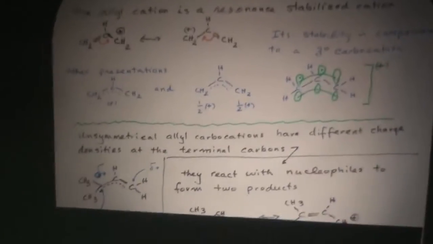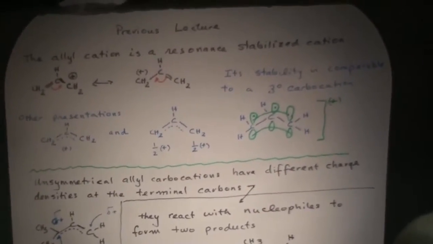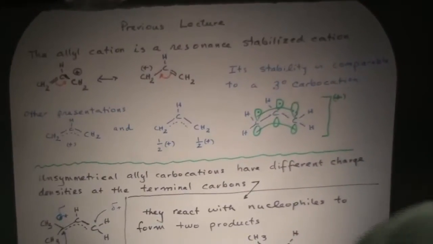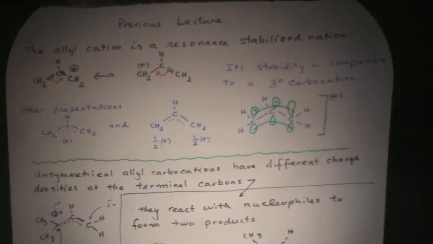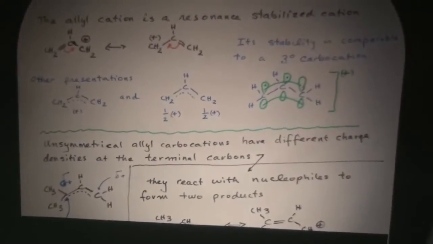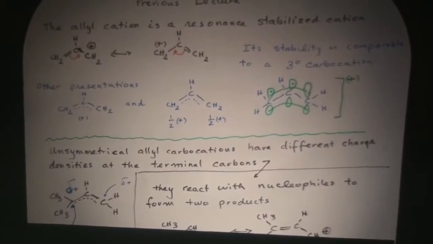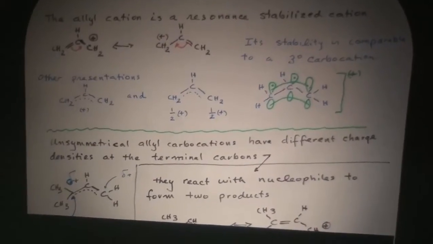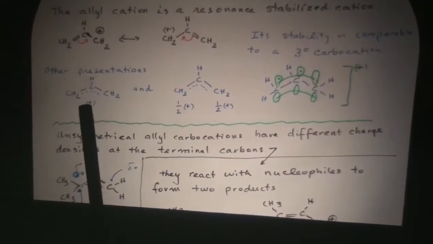Now, we keep reminding you that resonance structures are not real structures, they're just figments of our imagination. The real structure is a composite, and so if you wanted to be a little bit more correct, you could draw a structure like that one.